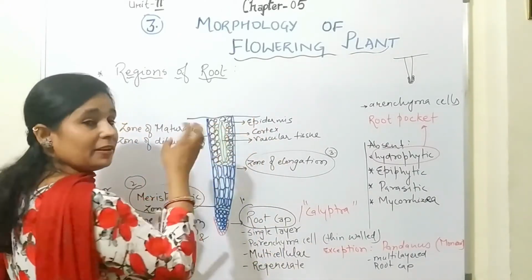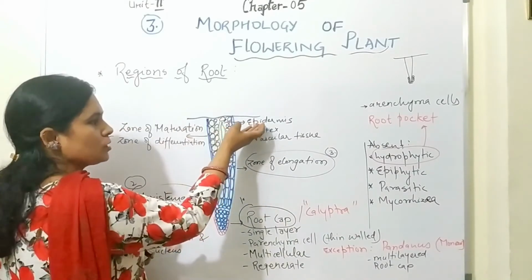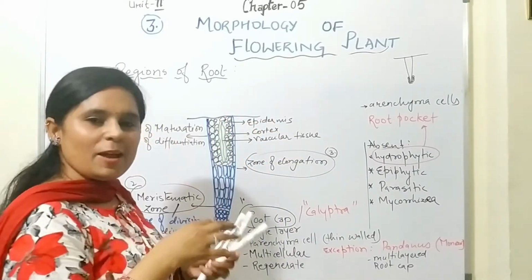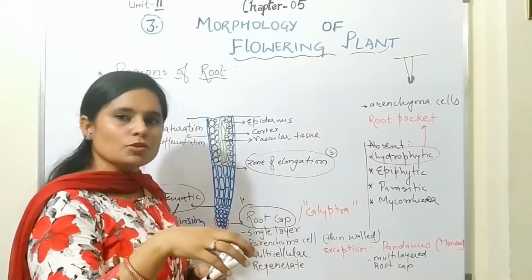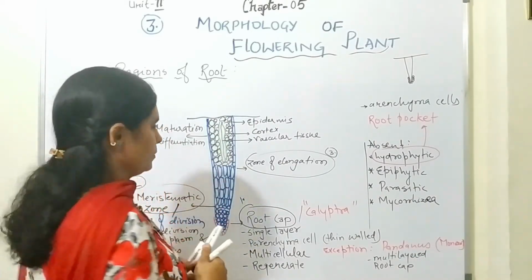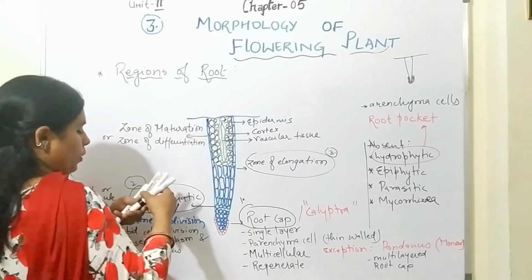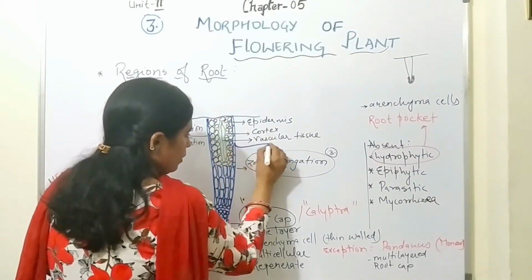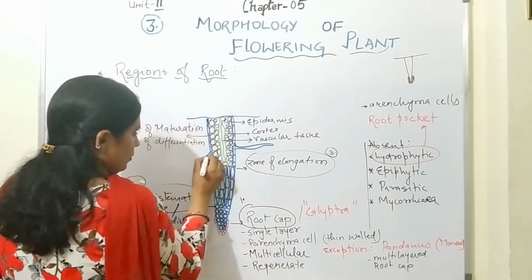So there will be different tissue systems. The outermost is the epidermis, then the cortex and the vascular tissue. In depth, we will be discussing this topic in chapter 6. So here few epidermal cells will increase in length.